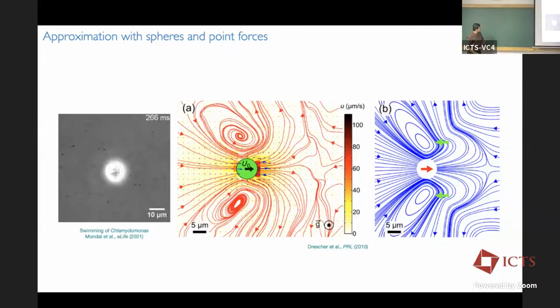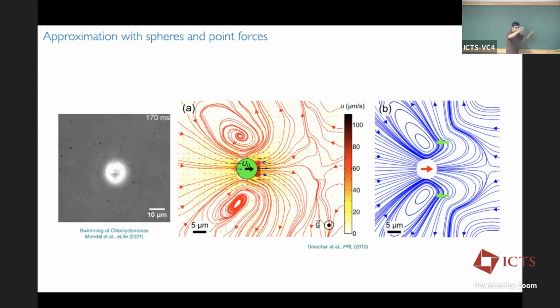And here is now my approximation. I'm going to say that this is like an elbow, doing this over and over again. This is like a joint. So I'll put two spheres here and model this as a sphere. What it is doing when it's performing a breaststroke is pushing down on the fluid.